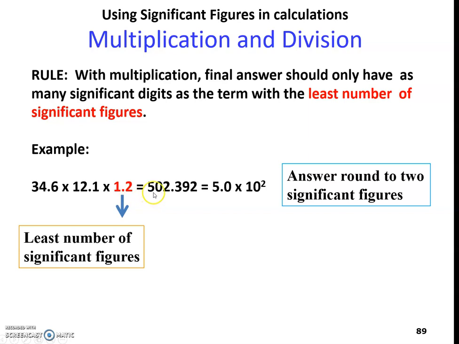Although the answer that you obtain from the calculator is 502.392, you have to round it to 2 significant figures because we follow this rule. So your final answer is 5.0 times 10 to the power of 2. So you write it in scientific notation.